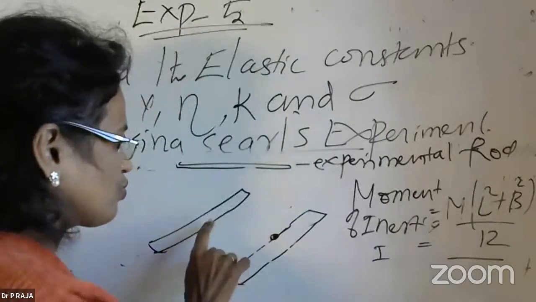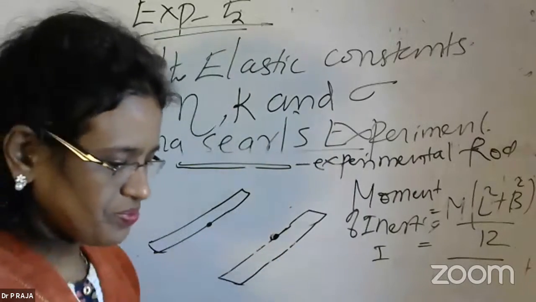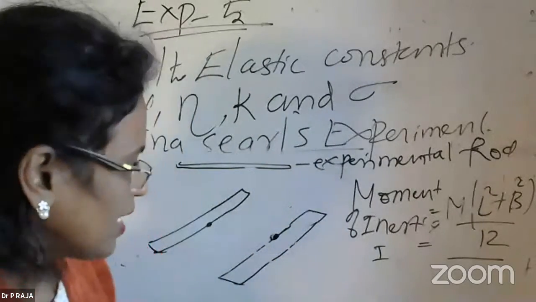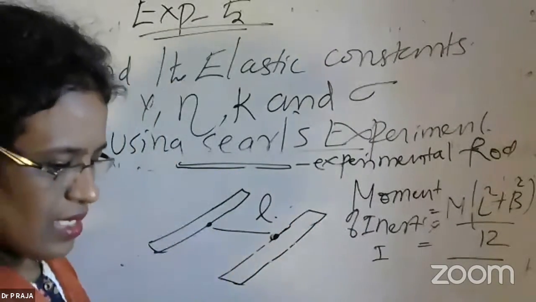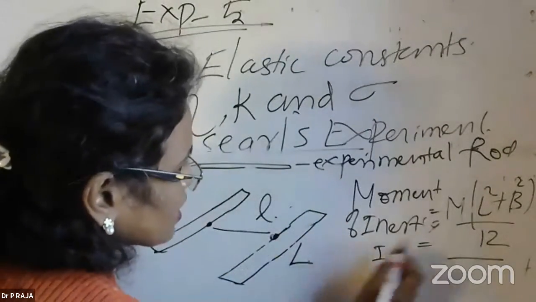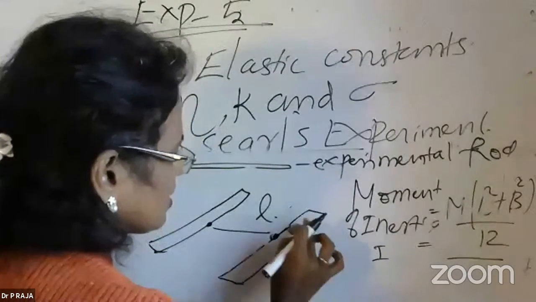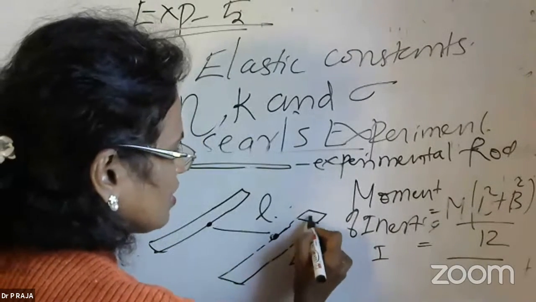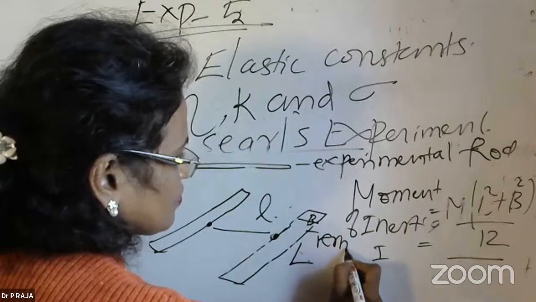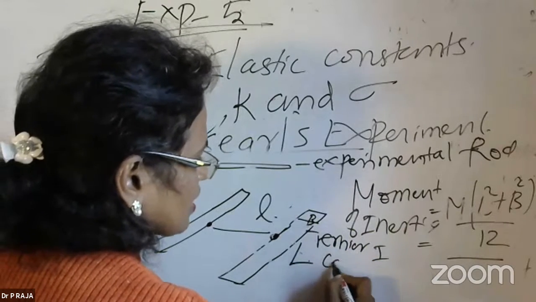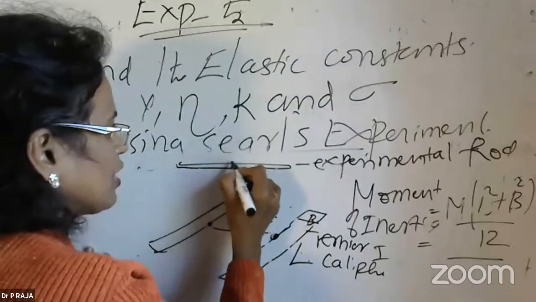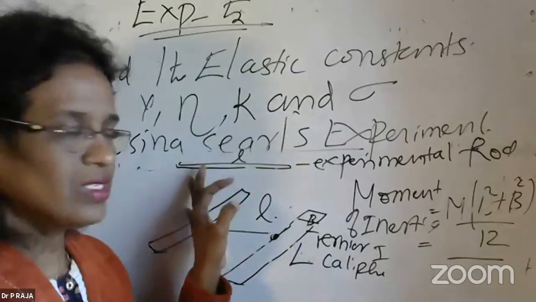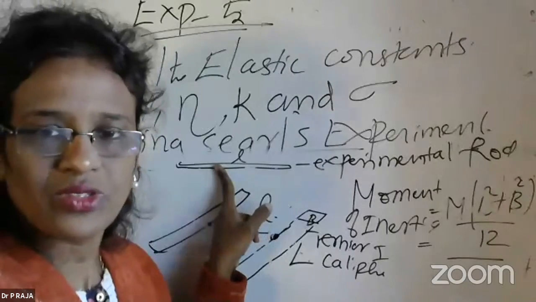So that wire you will fix, and that length you will take as capital L. The breadth you will find using a vernier caliper. This length of the rod you will find as small l, can be 29 centimeters or 30 approximately.